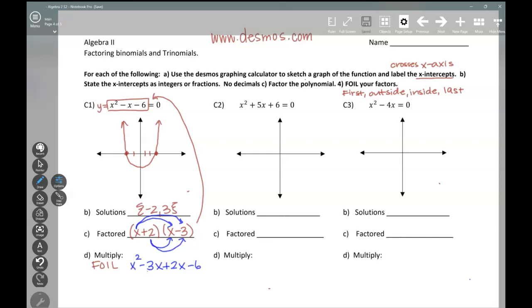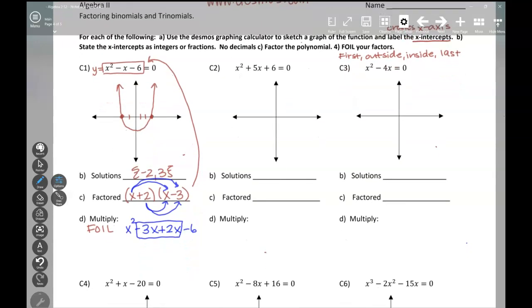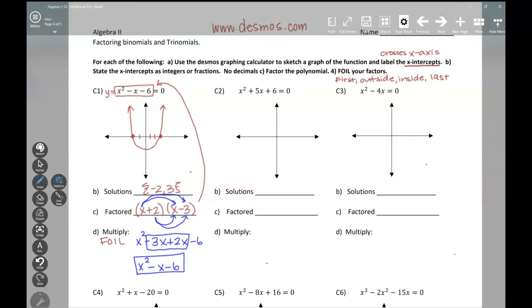If you did it correctly, the majority of the time you will be able to combine the middle two terms. That gives us x squared minus x minus 6. And if you notice, that's how you check it. It should always represent what you started with. That means I did it right.